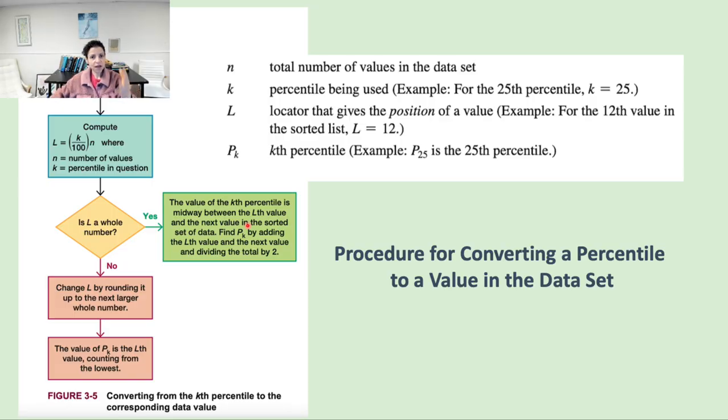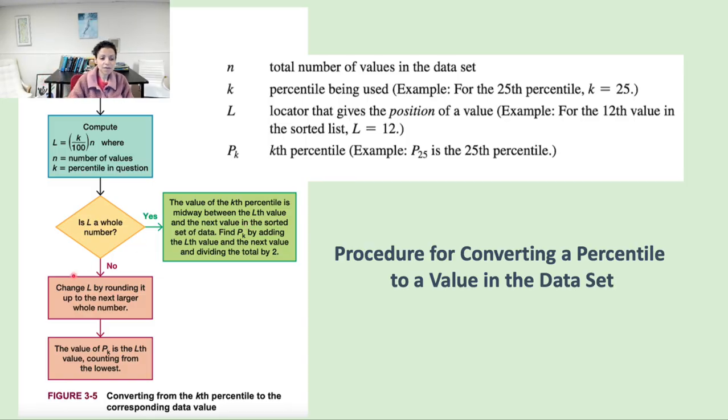So if we find that L is 12, we want to take the value that's in the 12th position and also take the value in the 13th position. And we're going to add those values together and divide by 2. Okay? Because if L is a whole number, then the percentile value is actually sitting between that one and the next one.